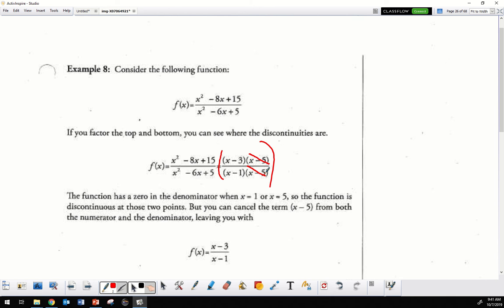It's all right. Okay, so there is a hole discontinuity at the number 5, and I could take the limit of this now at 5. It'd be 5 minus 3 is 2, 5 minus 2 over 4, basically. So we could do a limit there, but there's also another discontinuity here.